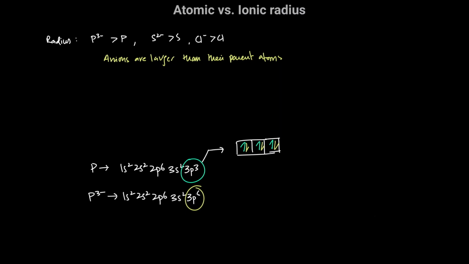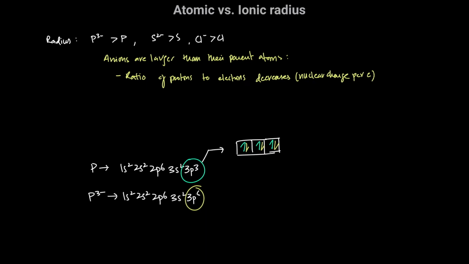So we can say that anions are larger than the parent atoms because, first of all, the ratio of protons to electrons decreases. Again, you can say the nuclear charge per electron decreases.